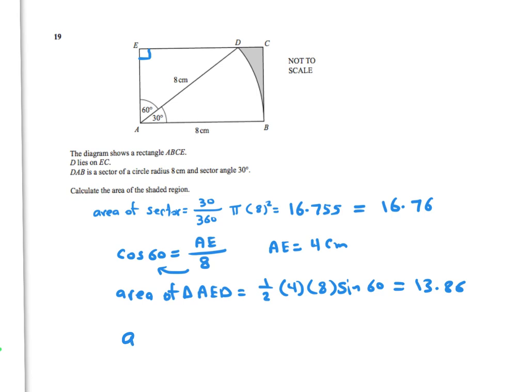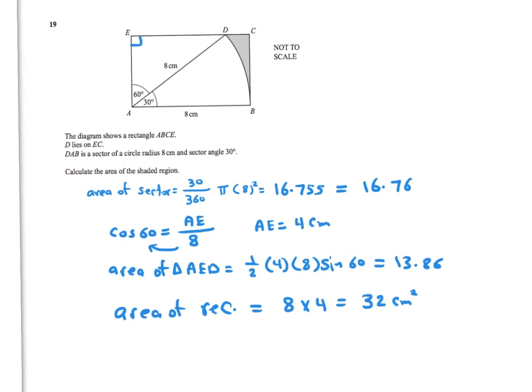Now area of rectangle equals length by width, or 8 times 4, so 32 centimeter square. So now area of the shaded equals 32 minus bracket 16.76 plus 13.86.